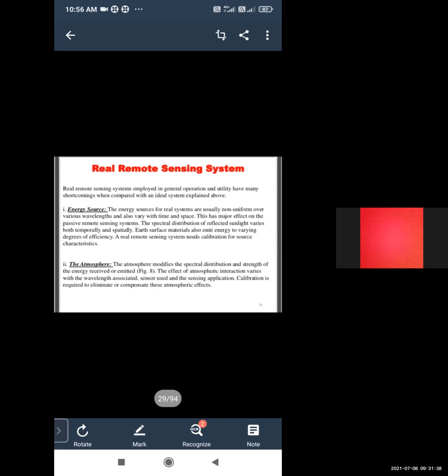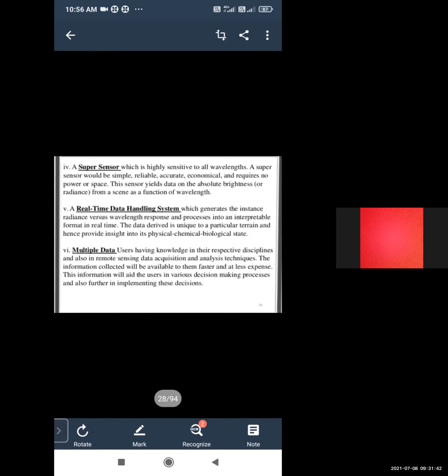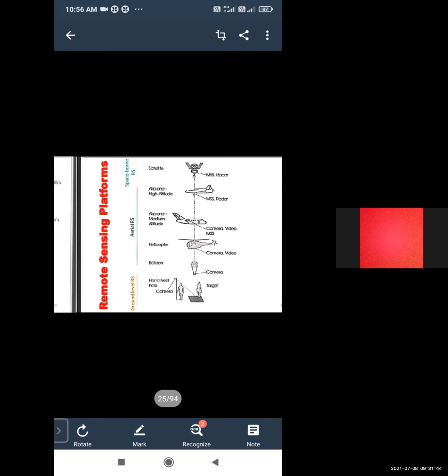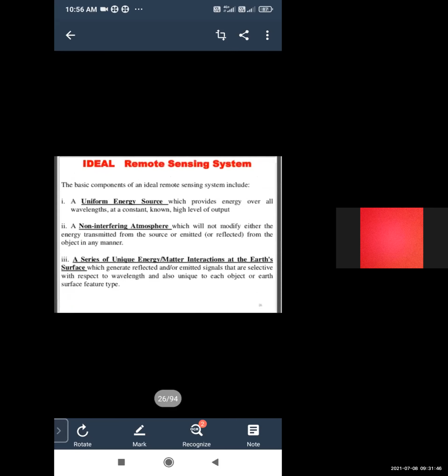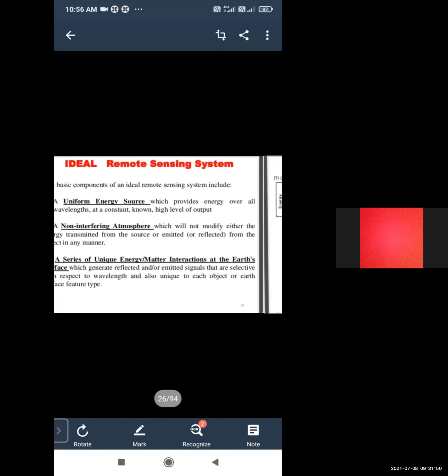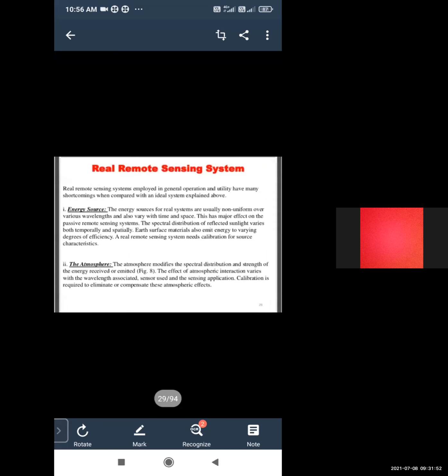Then atmosphere. For the ideal condition, the atmosphere is a non-interfering atmosphere. But in a real remote sensing system, the atmosphere modifies the spectral distribution and strength of energy received or emitted.